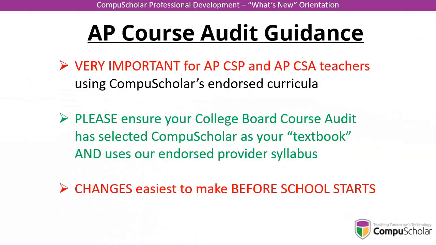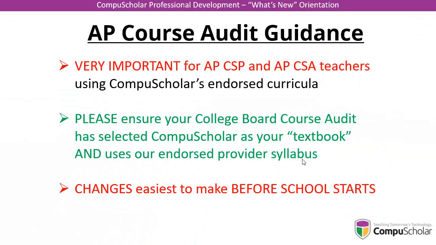The last general purpose announcement we'll mention is simply a reminder to our AP Computer Science Principles and AP Computer Science A teachers. You should have completed your course audit with the College Board. Please review your audit to confirm that you have selected both the CompuScholar textbook and the CompuScholar endorsed provider syllabus.